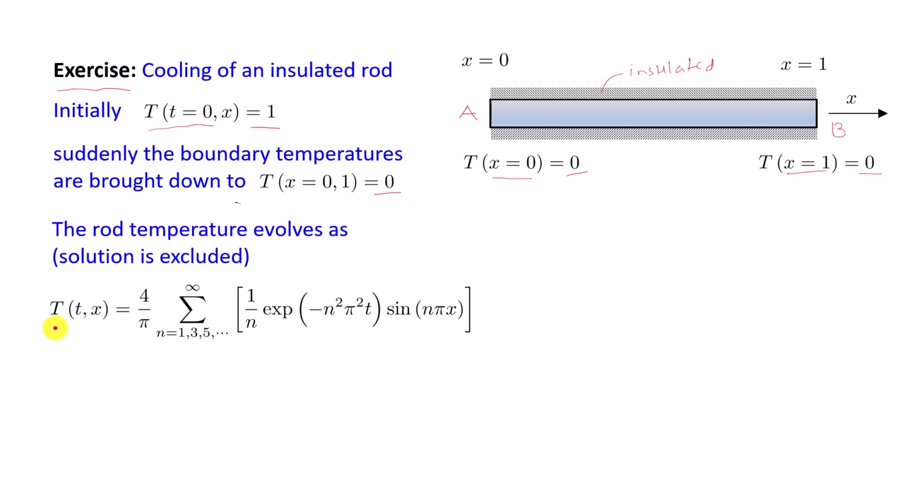Here you can see temperature as a function of time and location x is given by an infinite series: 4 by pi, summation from 1 to infinity, only the odd integers, 1 by n, exponential of minus n square pi square t, sine n pi x. How this solution appears is of course a discussion of heat transfer.